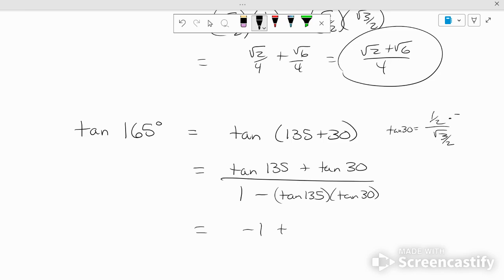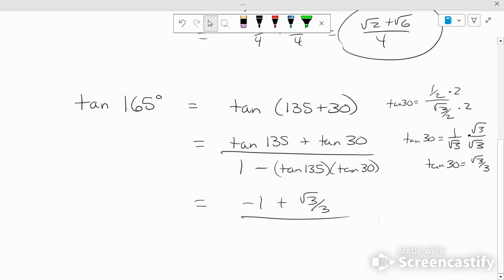So if you multiply both top and bottom by 2 here, the tangent of 30 equals 1 over square root of 3. Can't leave the square root of 3 on the bottom. So you multiply top and bottom by square root of 3. So the tangent of 30 is square root of 3 over 3.